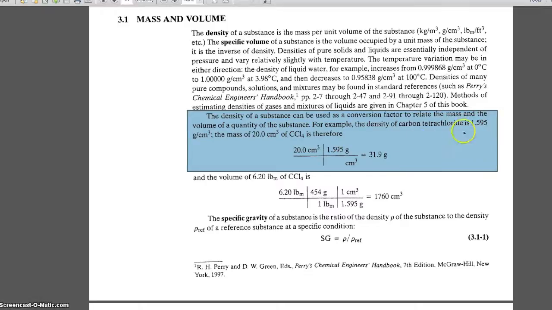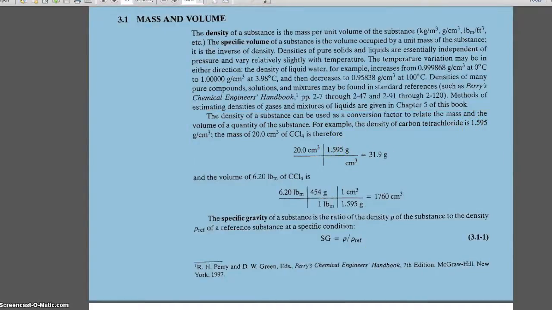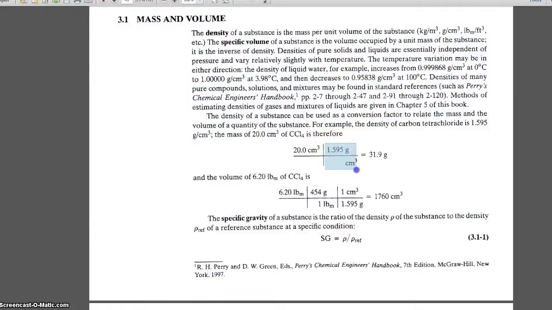Since they give us the density, which is 1.595, you can multiply it with the volume of carbon tetrachloride, sorry, this is the volume.